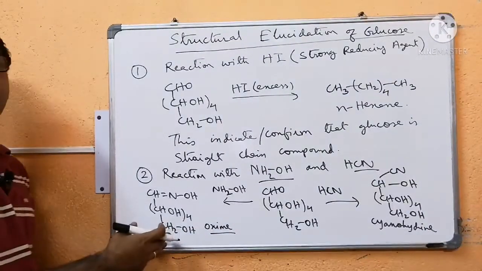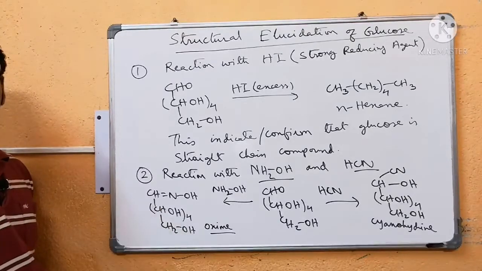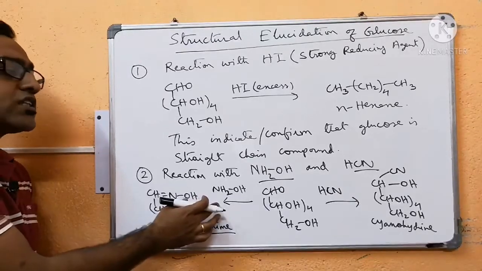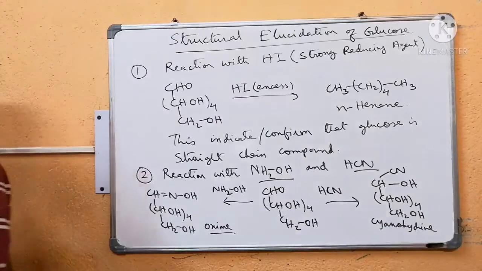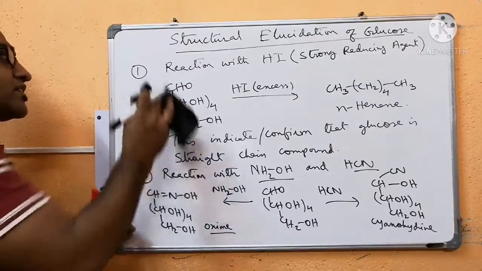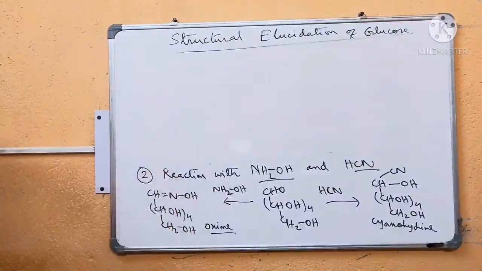So what does this reaction suggest? This reaction suggests that glucose contains a carbonyl group, because hydroxylamine and HCN are specific for carbonyl compounds. Next reaction. Now we got that glucose is having a carbonyl group.